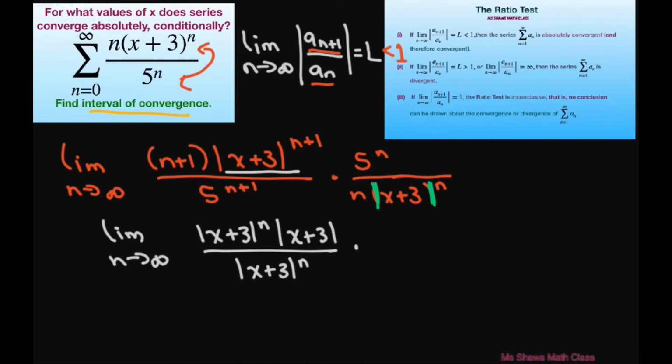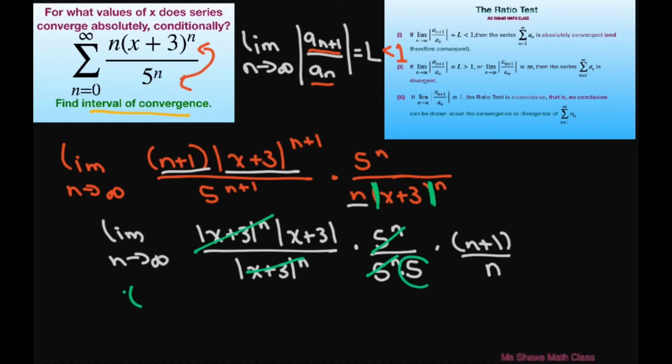Now for the 5s, we're going to have 5 to the power of n divided by 5 to the power of n times 5. And then for my n's here, this is going to be n plus 1 divided by n. All right, so this part here cancels, these cancel, and what you're going to get is the limit.